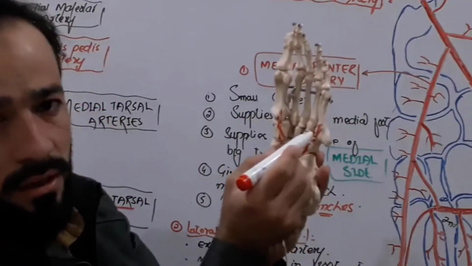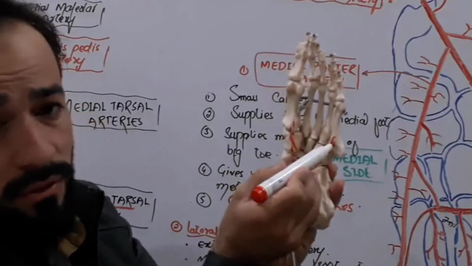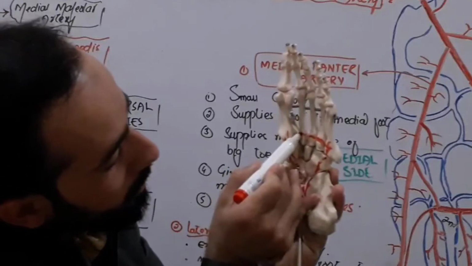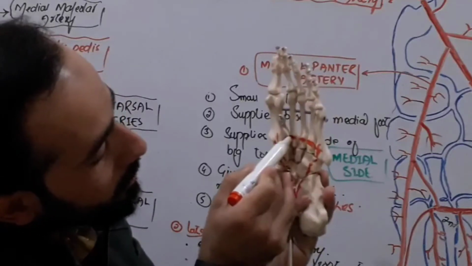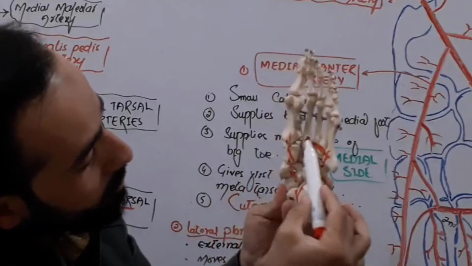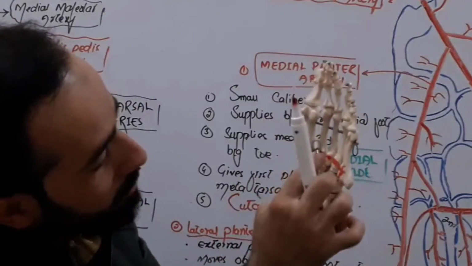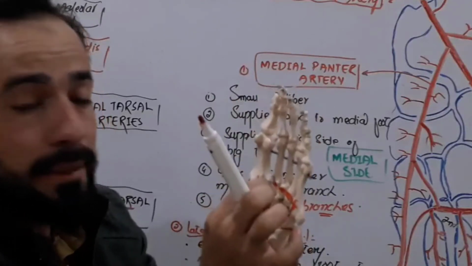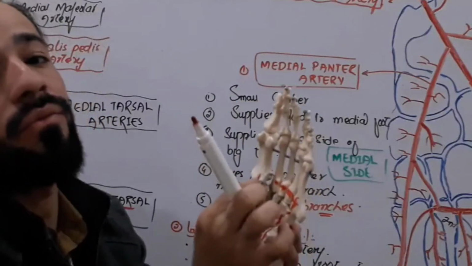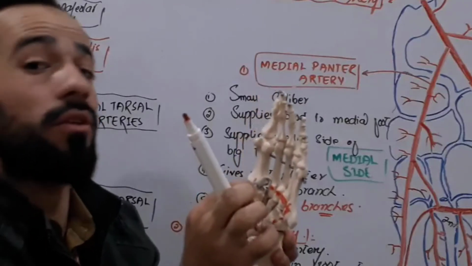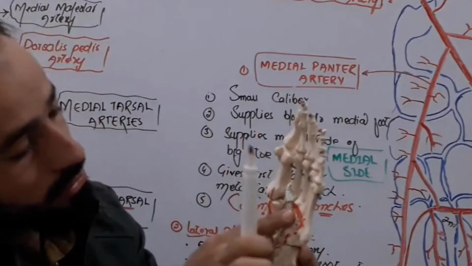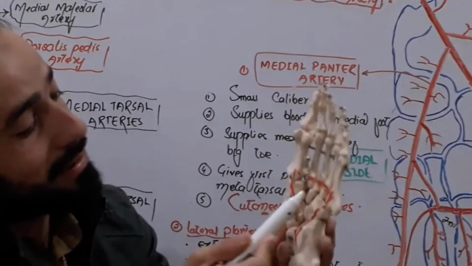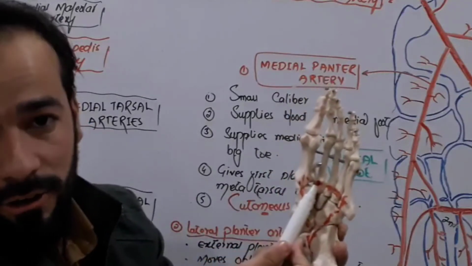This lateral plantar artery, I told you, when it comes to the base of the fifth metatarsal, it turns medially up to the base of the second metatarsal. When it comes there, it unites with the deep plantar branch of the first metatarsal artery of the dorsalis pedis branch, and when it unites with this, it completes the plantar arch.